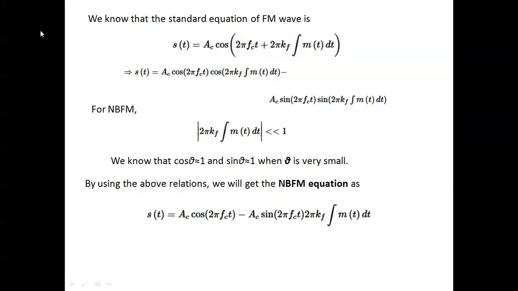The modulation index is less than 1 in narrowband FM, so 2 pi kf integral of m(t) dt is much less than 1. So cos theta is approximately 1, and sin theta is approximately theta. Using this, the narrowband FM equation is s(t) = Ac cos 2 pi fc t minus Ac sin 2 pi fc t times 2 pi kf integral of m(t) dt. Okay, thank you.